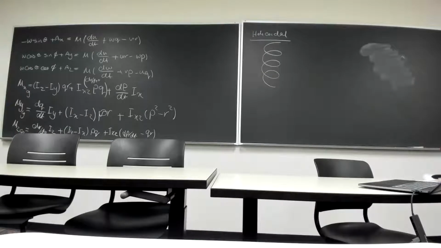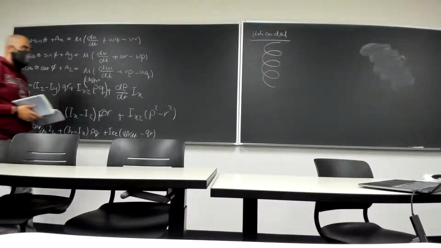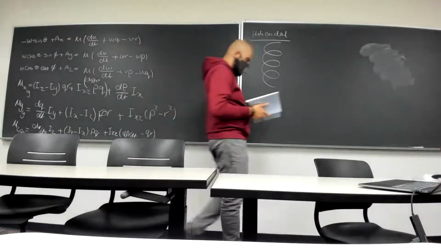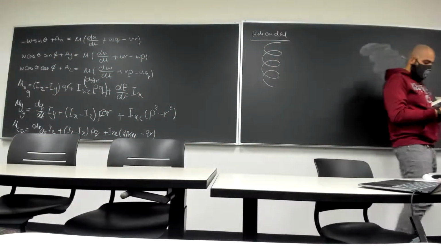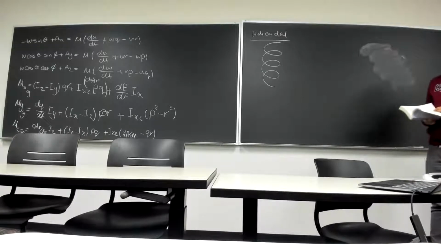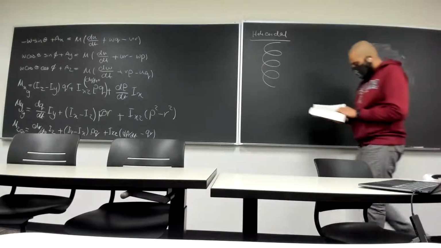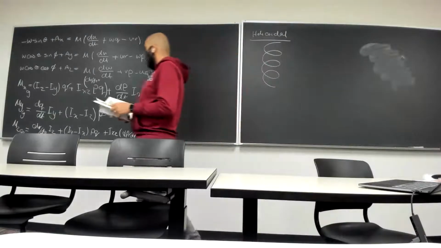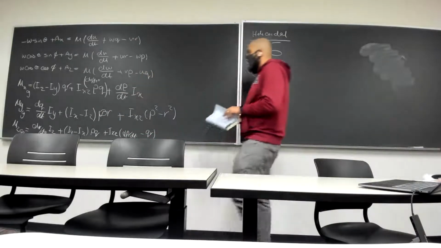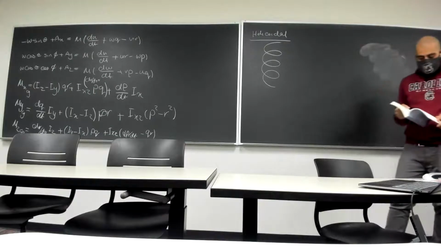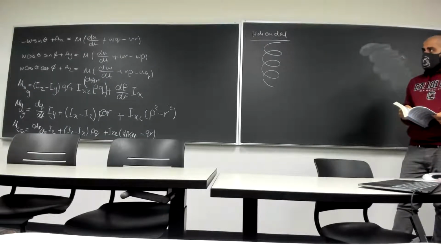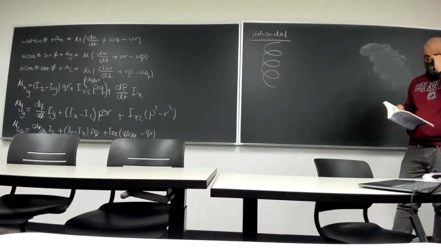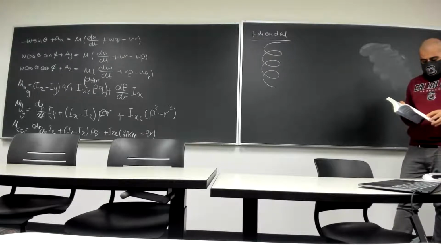The first thing we did was, it is a steady motion, so all the time derivatives are going to go to 0. I'm going to keep these equations here on the left side of the board and just work with the right side. The equations we eventually came up with, I'm pretty sure we have all of those here. The only thing we really needed to do was take the time derivatives out to get to these final equations.